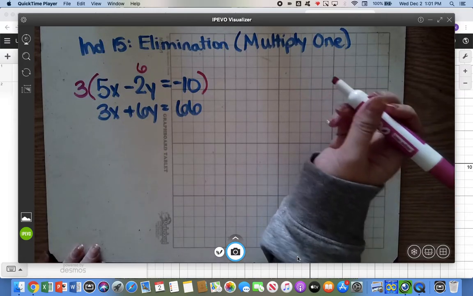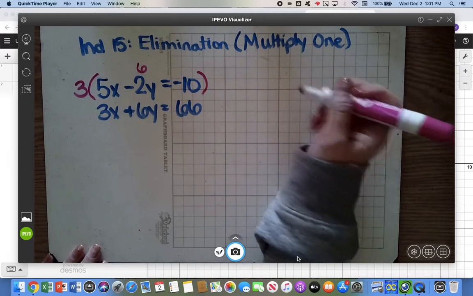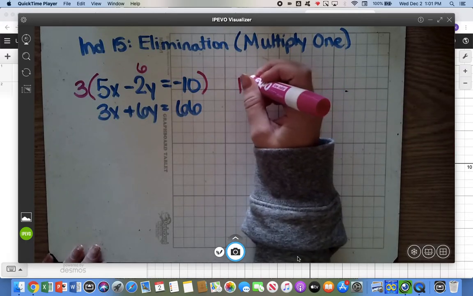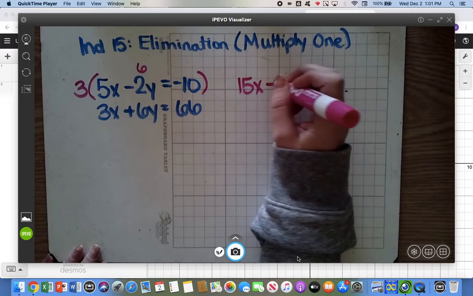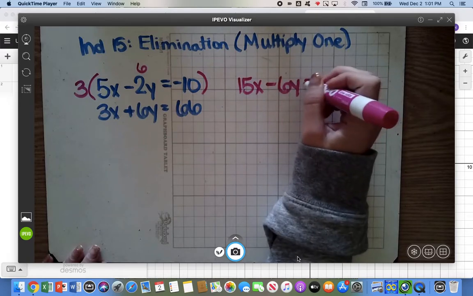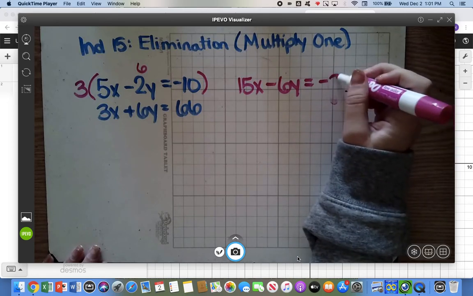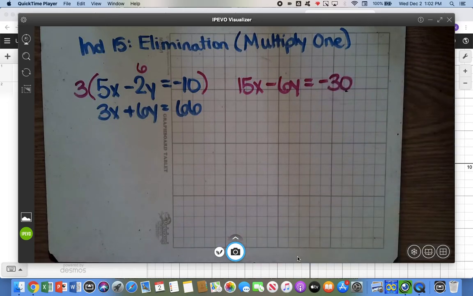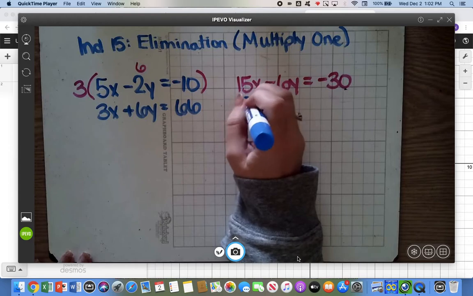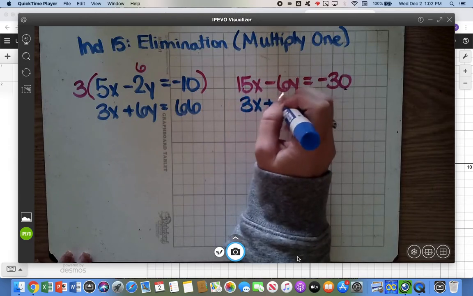So my new top equation, if I multiply everything by 3, 3 times 5x gives me a 15x. Then I get a -6y, which is what I wanted. And then 10 times 3 is a -30. So don't forget to multiply all of the numbers by that. Then right here, my bottom equation didn't change at all.